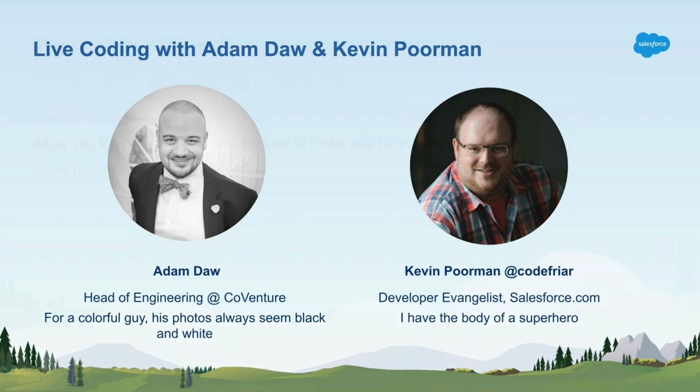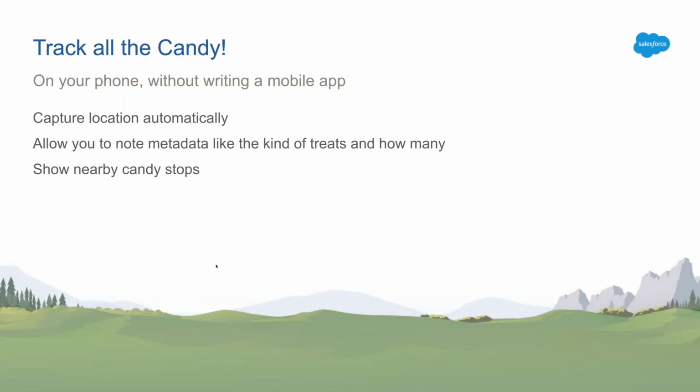So with that said, let's jump into what we're going to talk about today. We're going to be building a candy tracker app, because it is Halloween, and everyone knows that the best part is candy. We're going to be working on a mobile app, built inside the Salesforce app. What I mean is we're going to use the Salesforce app that you can download from your app store, and we're going to build some functionality into that with Lightning Web Components, and expose that in our org.